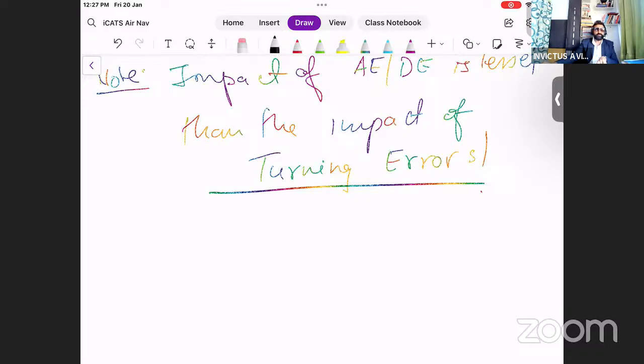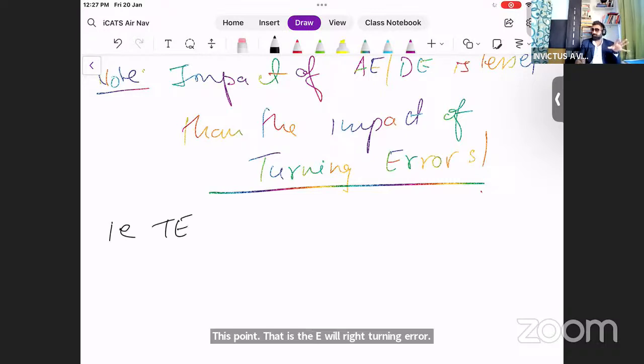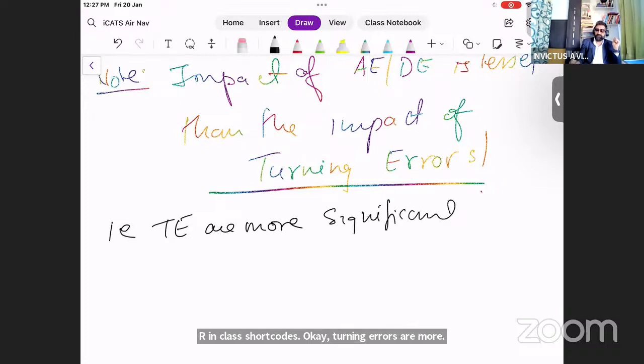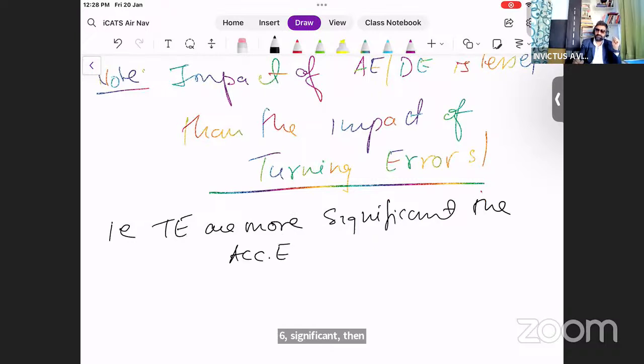Students, any questions? Write this point. TE will write turning error, in-class short codes, okay? Turning errors are more significant than acceleration errors. Acceleration, deceleration, same.